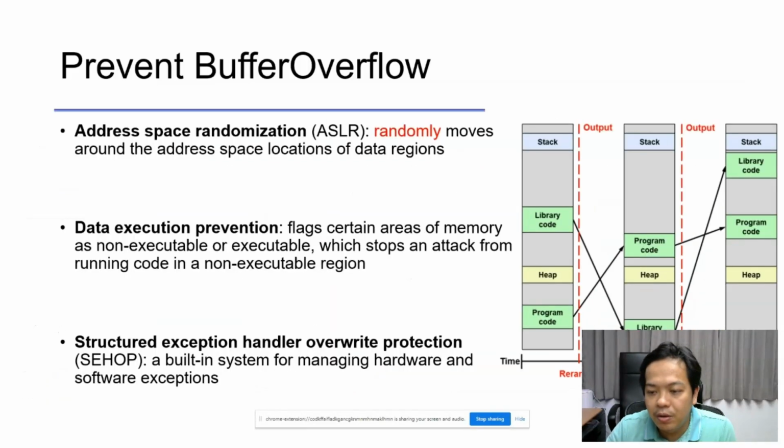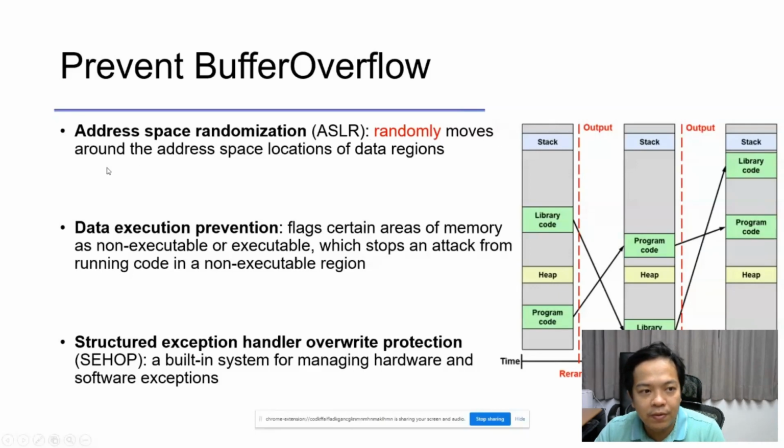Over here, I want to talk more about the prevention. To prevent buffer overflow, currently we have three methods of defense. The first one, which Microsoft developed, is called address space randomization, or ASLR.